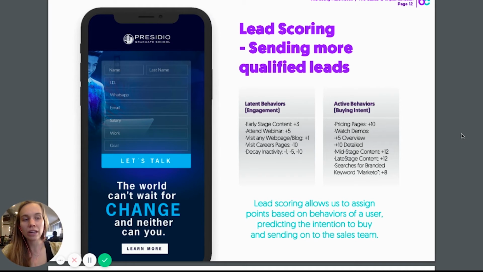So if someone with that job title accesses the pricing page, maybe that could send an alert to the sales team to say, hey, this lead whose contact information we already have and whose job title we already know accessed the pricing page. And so we know that person is really highly qualified for our service and is super interested in what we're selling.